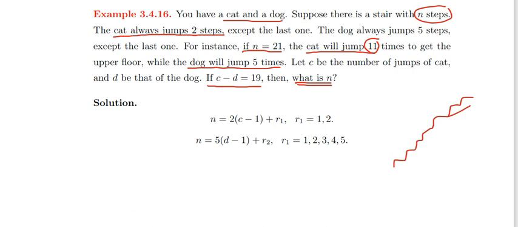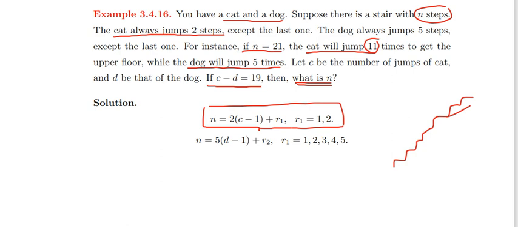So we write n equals 2 times (C minus 1) plus R1, where R1 can be 1 or 2. If n equals 20, the cat just jumps 10, so the previous 9 jumps are each 2 and the last one is also 2. If n is 21, the last one is 1.